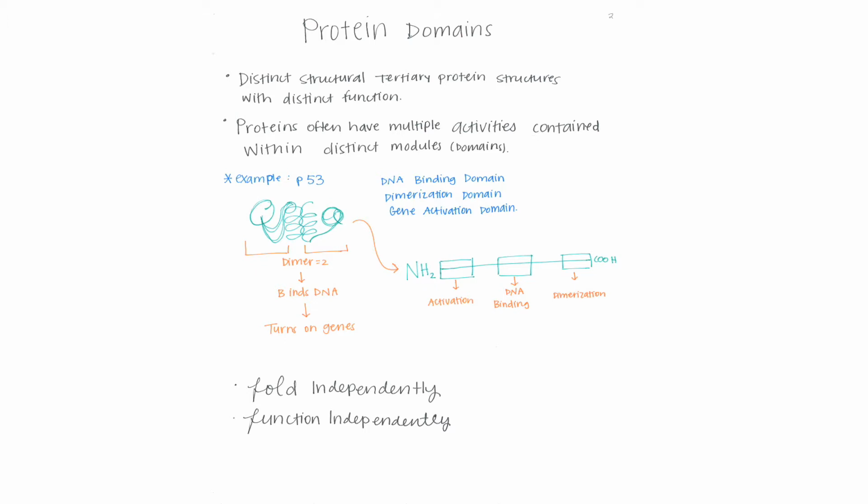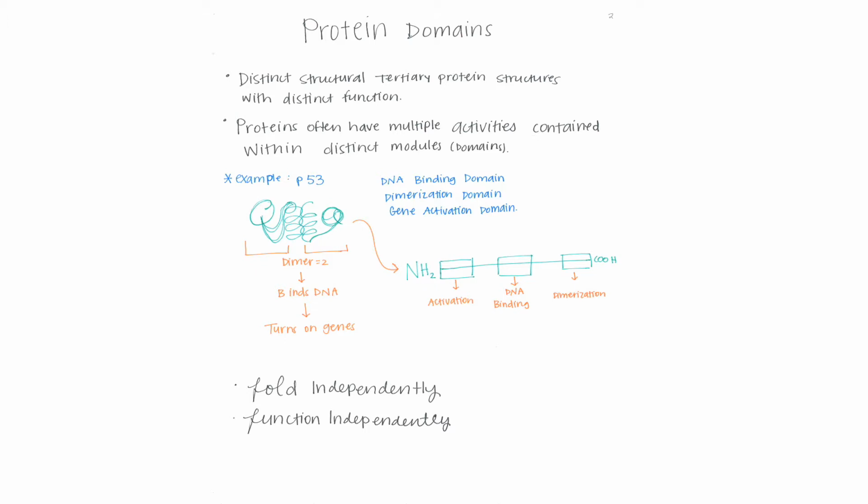Now, knowing this, what some have hypothesized is that these structurally and functionally independent regions of the proteins represent independent activities that over time join together in order to make a protein with a more complex activity.